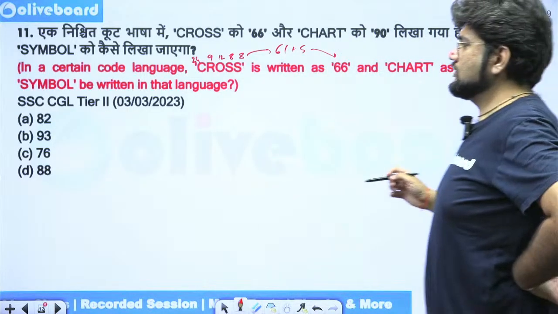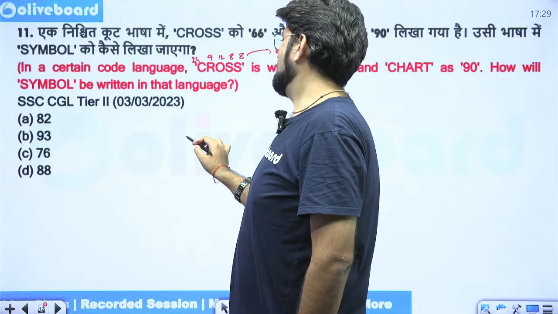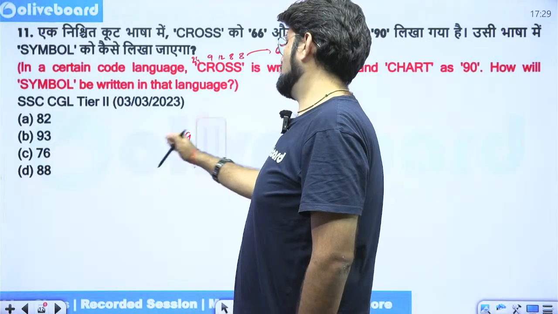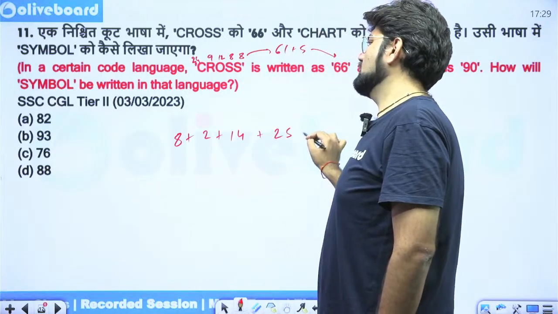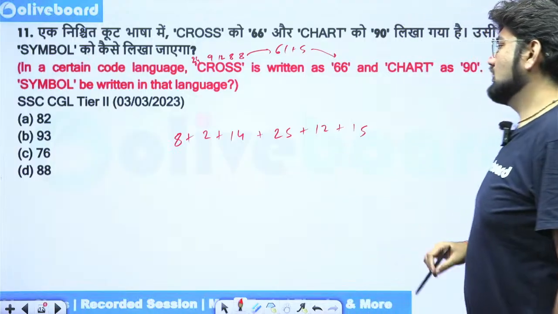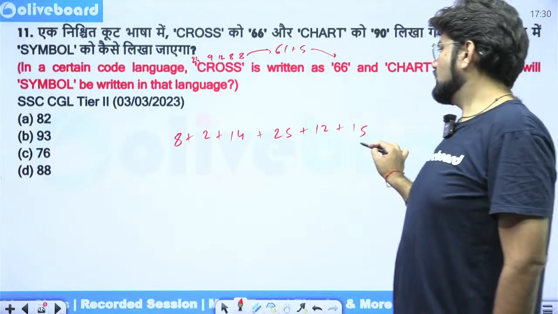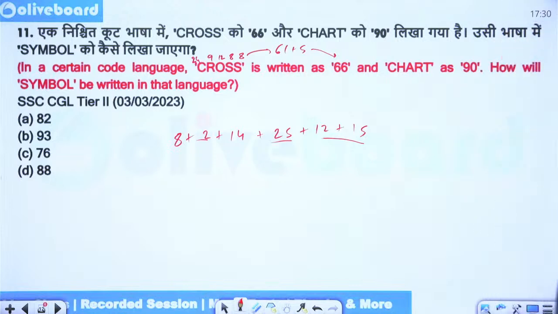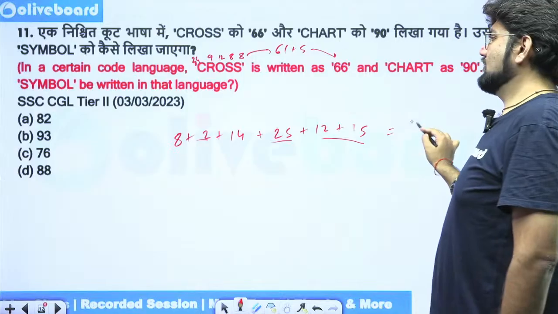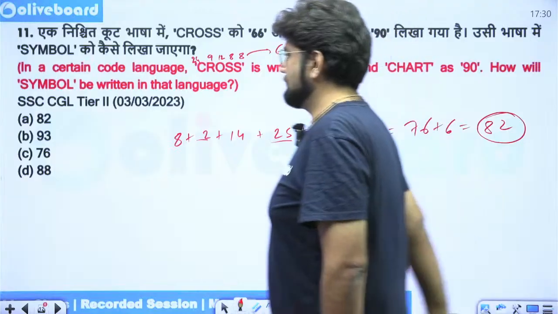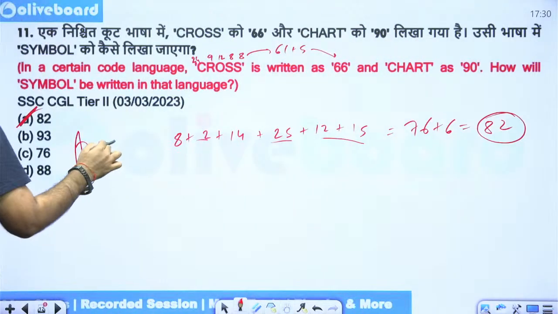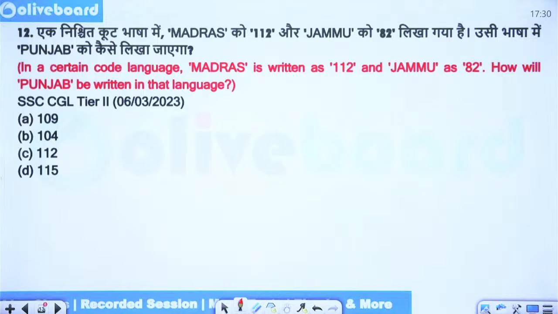Start is coded as 90, so what will be the code for sim? S, 724 plus 3. Even if it is similar when you are practicing, make sure you do it so that at least your calculation will be practiced.